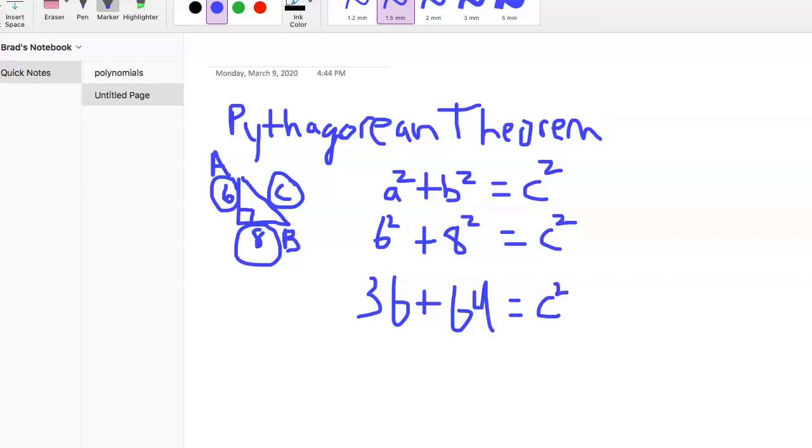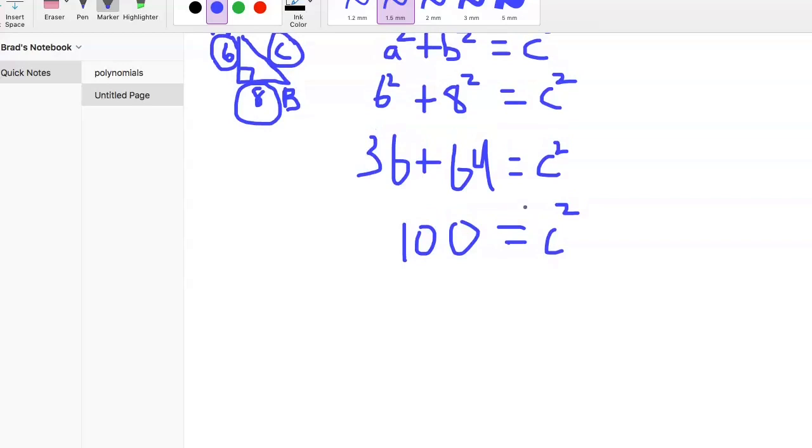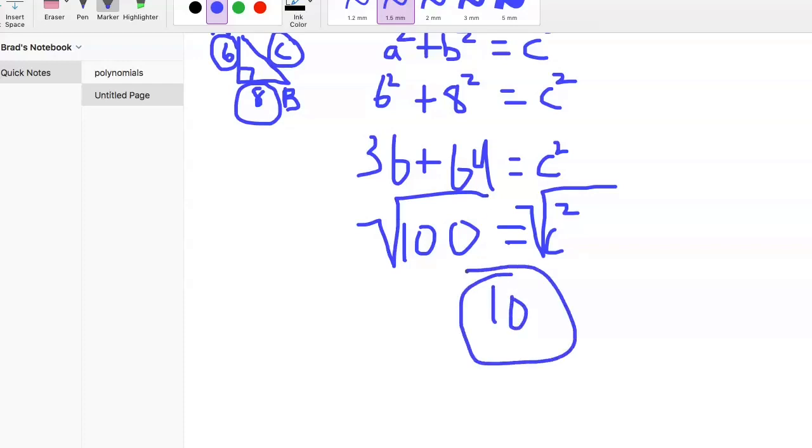If we add up 36 and 64 together, we get a cool 100 equals c squared. To get rid of that little squared thing, we're going to square root that guy, and we have to do the same thing over here. The square root of 100 is 10, right? 10 times 10 is 100. And there's your answer: c equals 10.